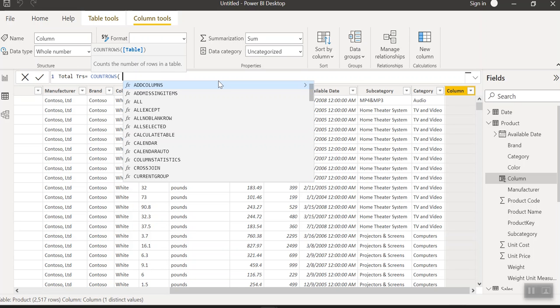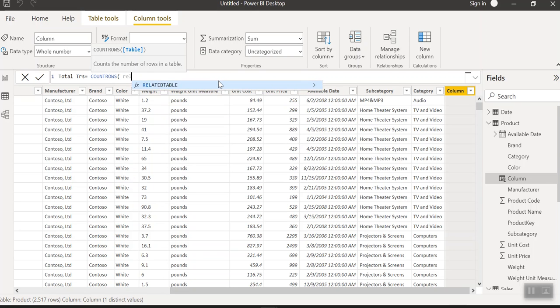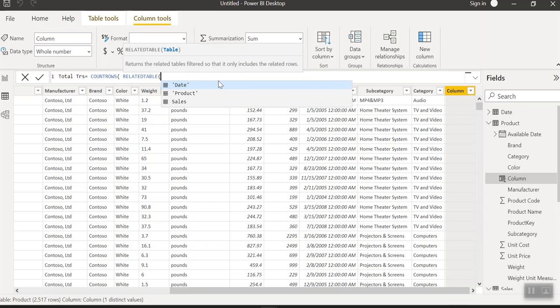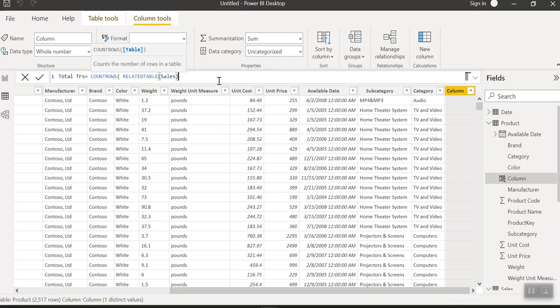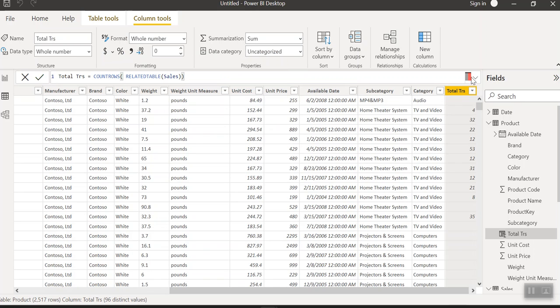I have to understand from the sales side, from the many side, so I will be using RELATEDTABLE, and it is the sales table. Press enter so that the total transactions will come.